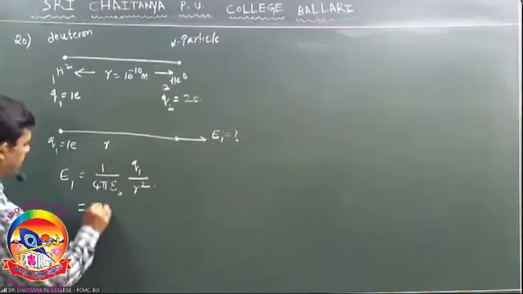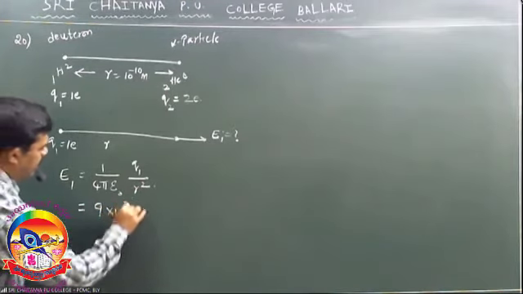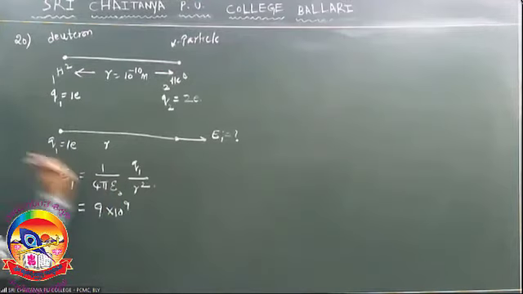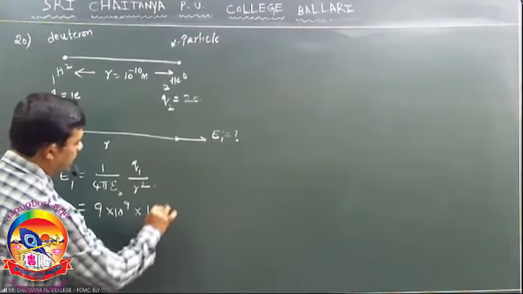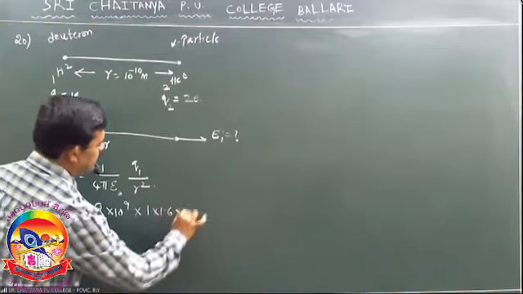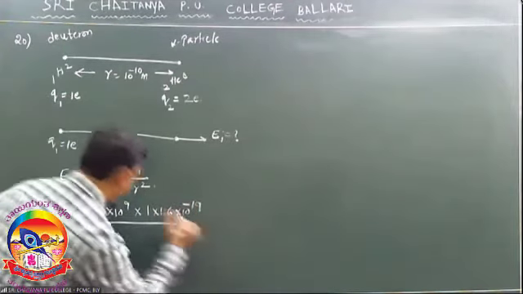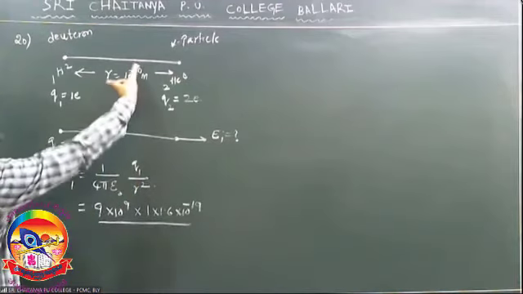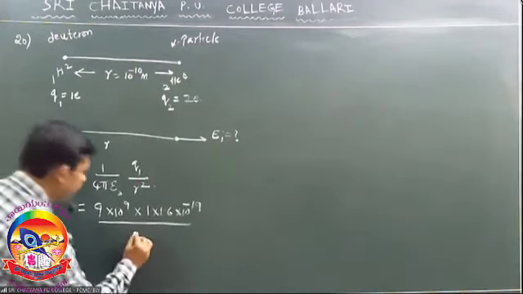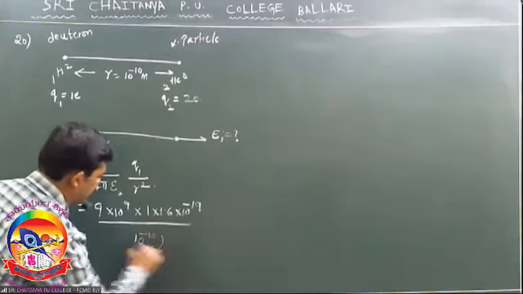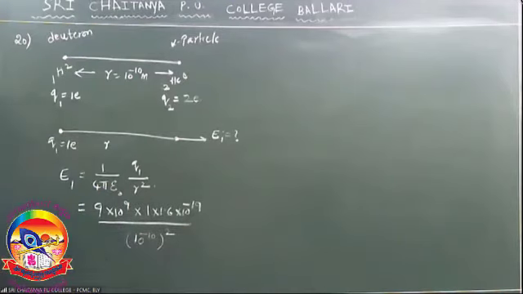What is 1 by 4 pi epsilon naught? 9 into 10 power 9. What is Q1? 1e. 1 into 1.6 into 10 to the power of minus 19 by R square. R is what? 10 power minus 10 meter. 10 power minus 10 whole square.